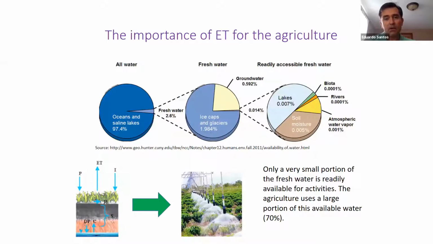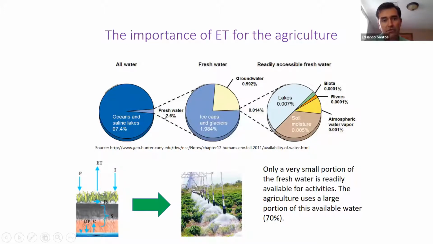If you look at the importance of ET for agriculture, let's look at how much water you have available for agriculture. This is how much water you have on the earth. You see 97.4% is actually saline lakes and oceans, so not very useful.